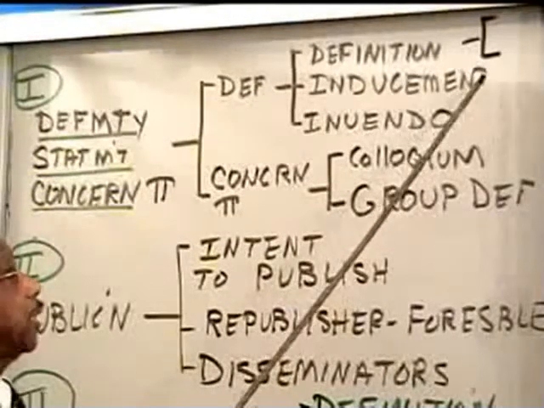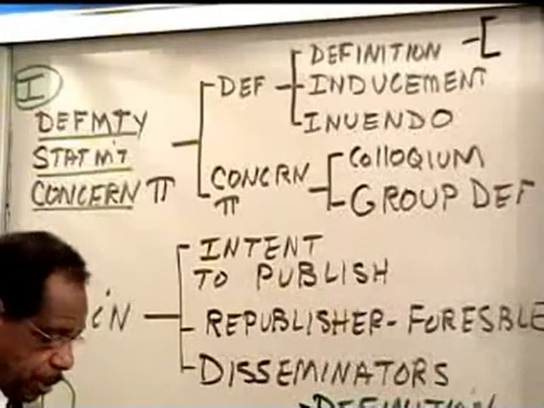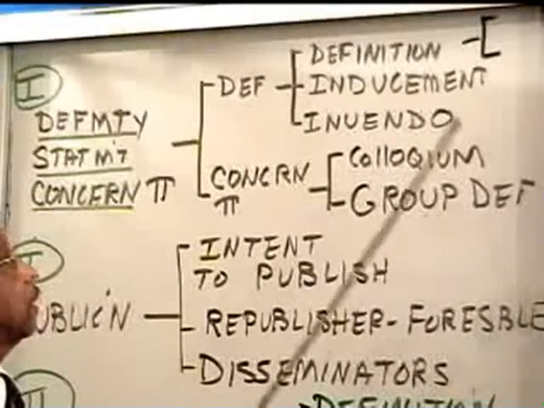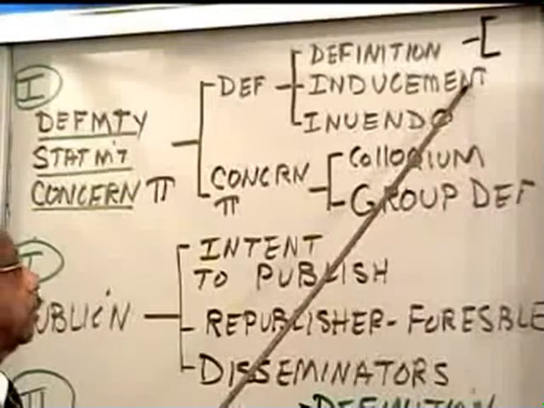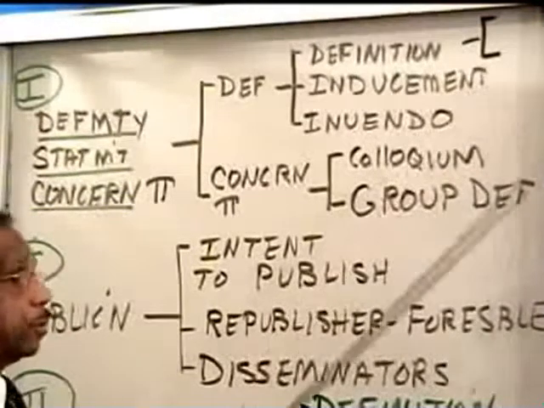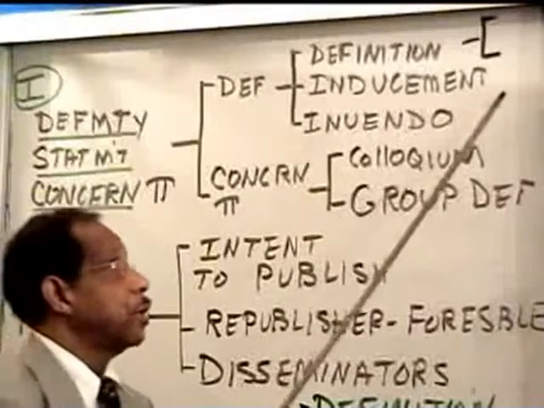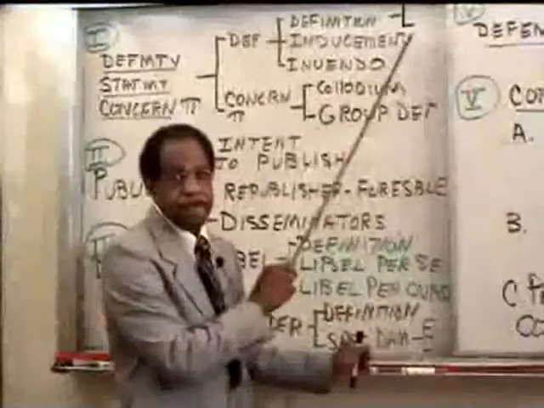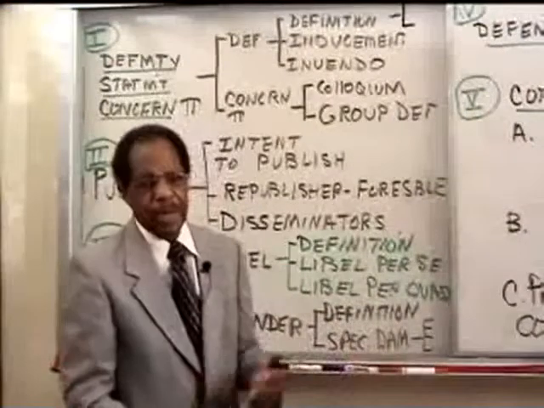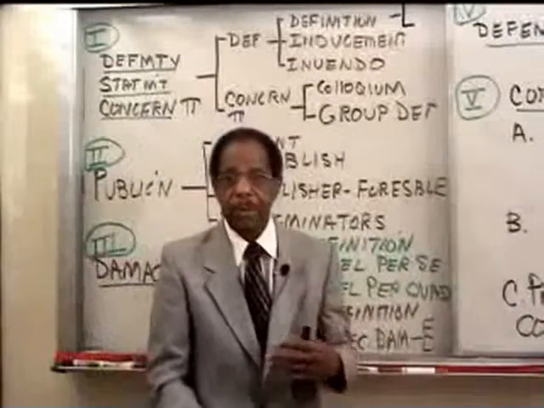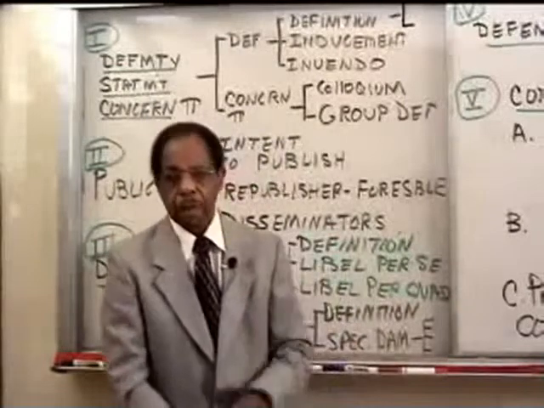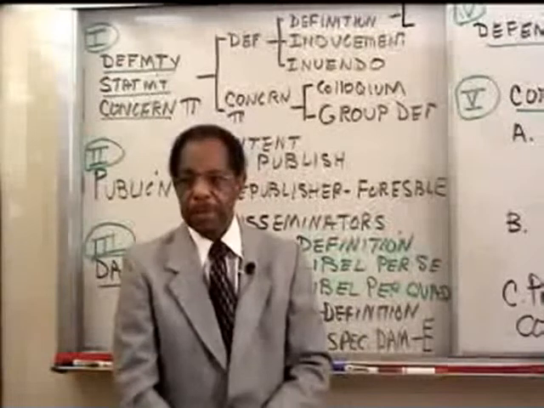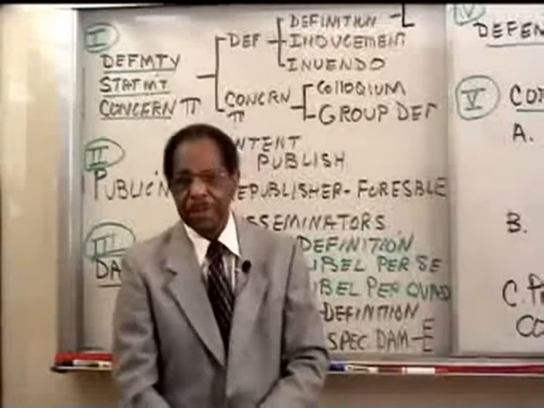Now, the case of inducement is the case where the person makes a statement, but you need additional information in order to recognize the statement as defamatory. Classical example given in a lot of textbooks, and it's an old example, but it makes the point. A long time ago, someone said, Mrs. Jones just had a baby.